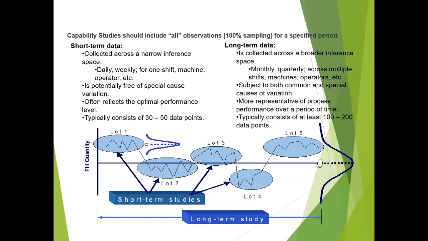So there's something called short-term sigma, short-term capability, and there's long-term capability. There's always a shift. In the long-term study, usually it's reviewed with all the metrics, if it's on-time delivery, it would be from supply chain. It'll be reviewed like the annual business review from a top level.